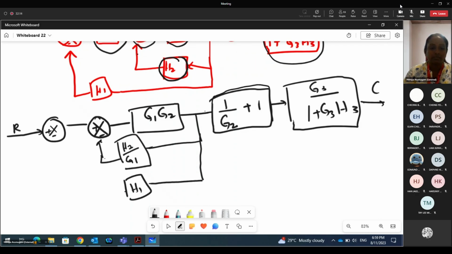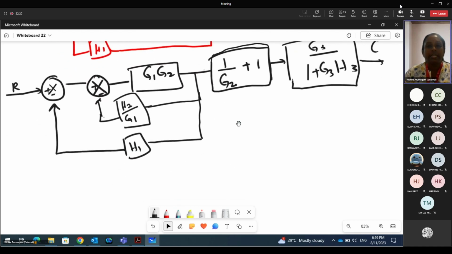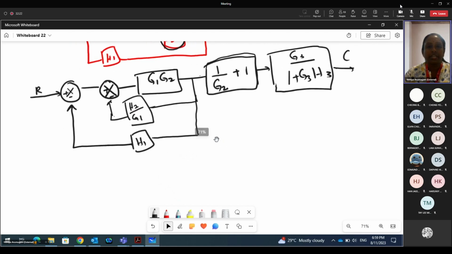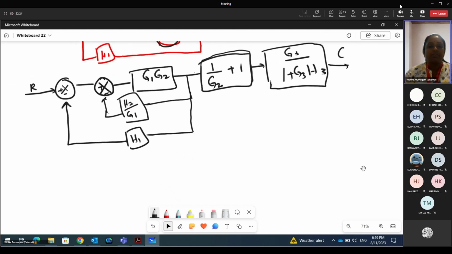All right. So this is our latest block diagram, right? From here we need to omit all the summing points, so that will make R plus minus.